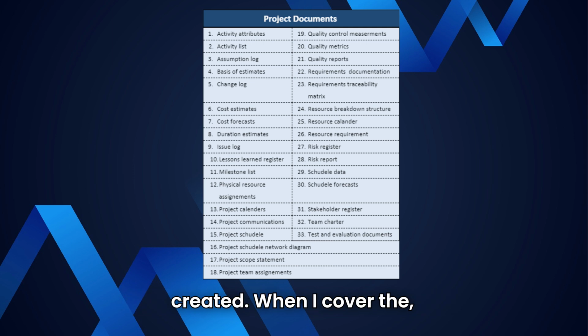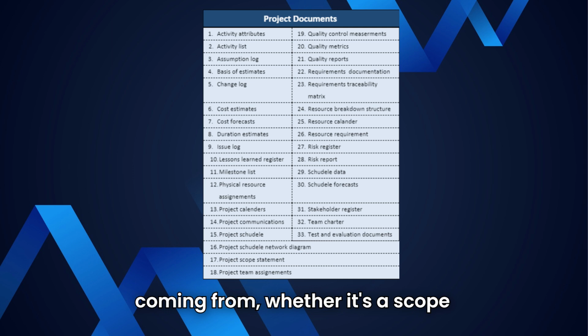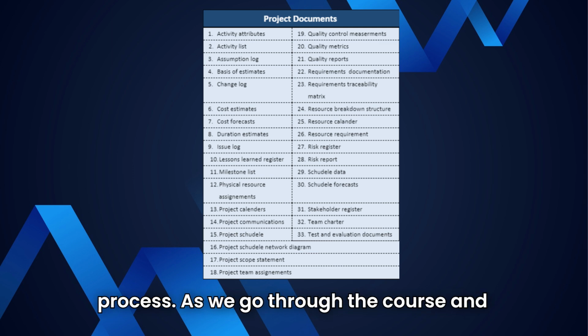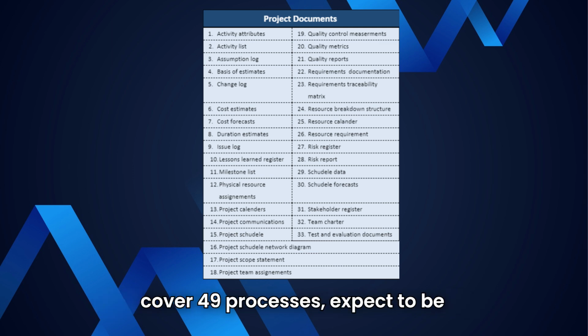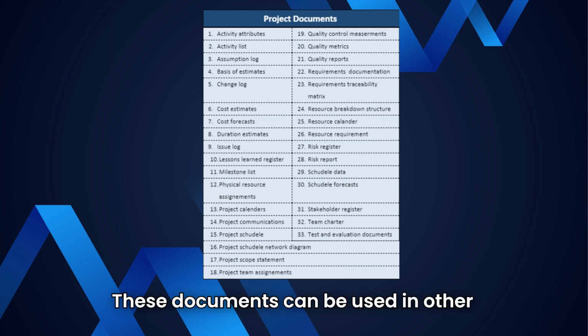When I cover the process, I will tell you where the documents are coming from, whether it's a scope process, integration process, or quality process. As we go through the course and cover 49 processes, expect to be creating a whole bunch of documents. These documents can be used in other processes that we may be doing later.